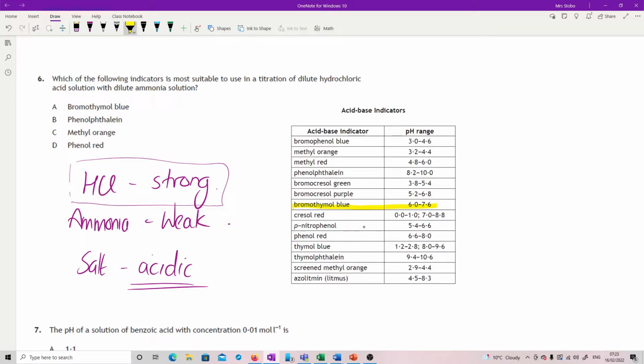Well, that's going to shade past neutral and into alkali, so I'm not thinking that's brilliant. Phenolphthalein, definitely out because that's 8.2 to 10. Methyl orange, 3.2 to 4.4, so that's down on the acid side. So far that's the one that I'm going for. Just checking, phenol red, 6.6 to 8, so that's definitely not as good. So I'm going for C.